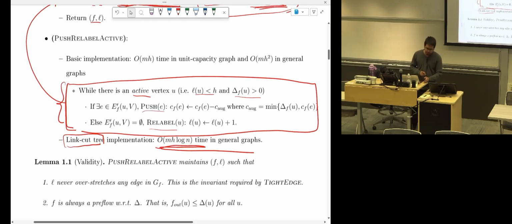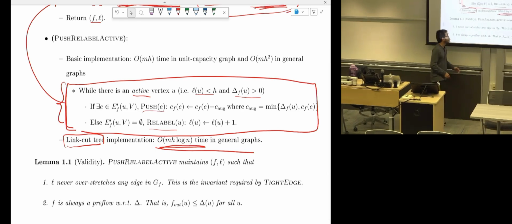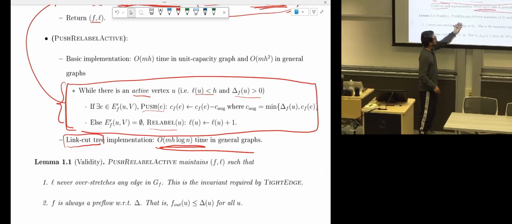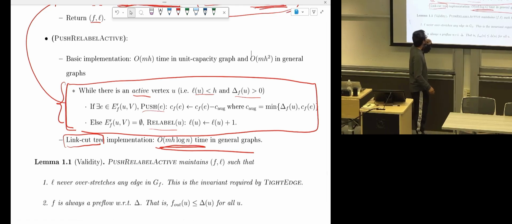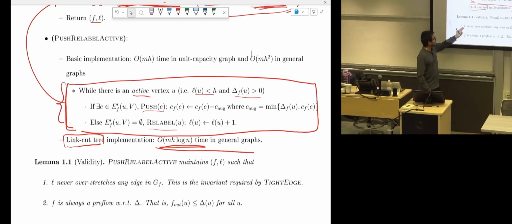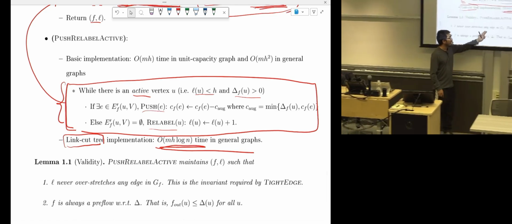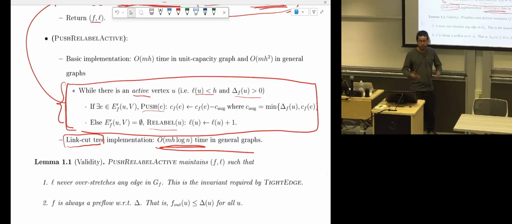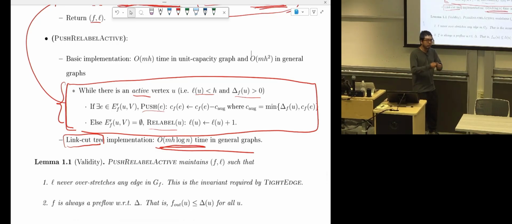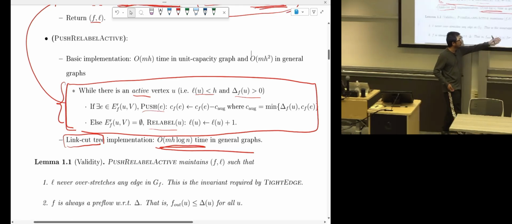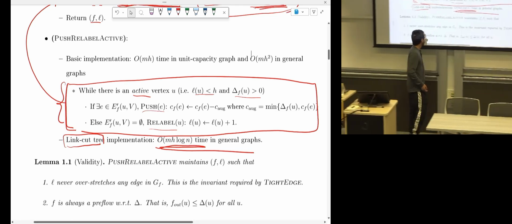We don't really need this today, but I just want to recall what push relabel always maintains: the labels of vertices never overstretch any edge. When you relabel or push, it never overstretches any edge, and this is what is needed by the tight edge data structure.